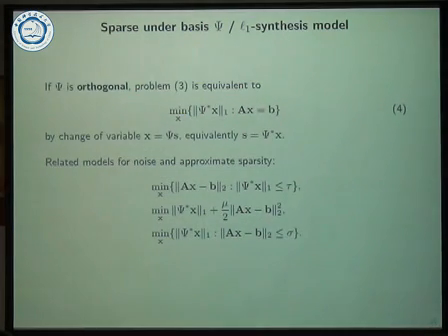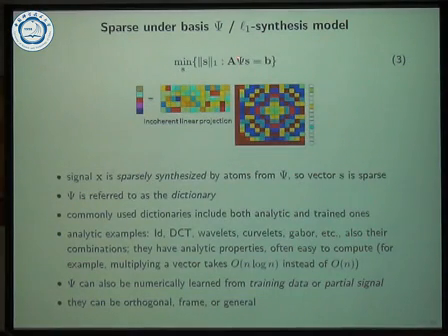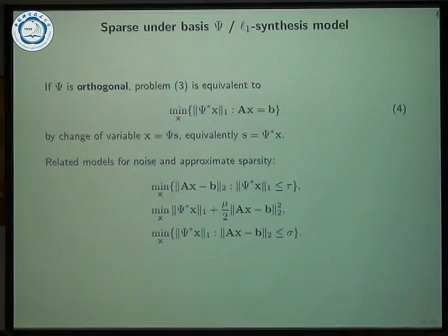Now, instead of using this dictionary model, which by the way is called L1 synthesis, you can use another model. You synthesize; synthesize means you use something to create a signal. This is the L1 synthesis model.